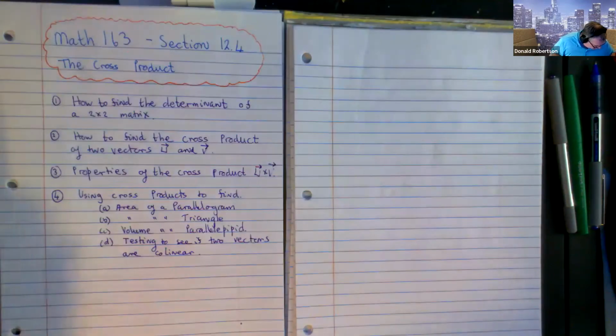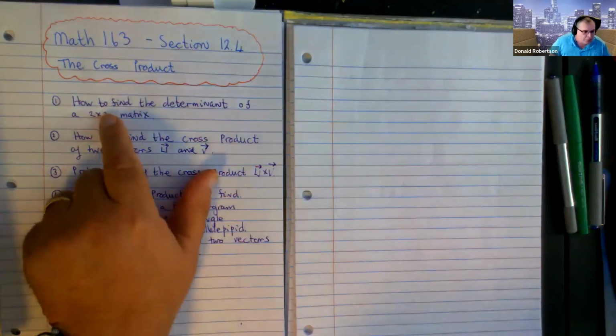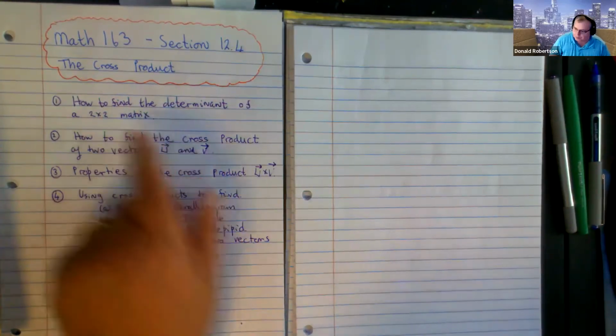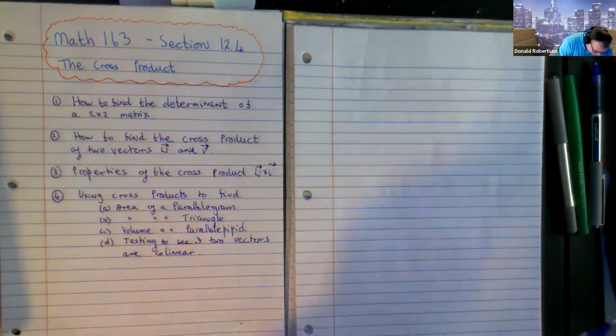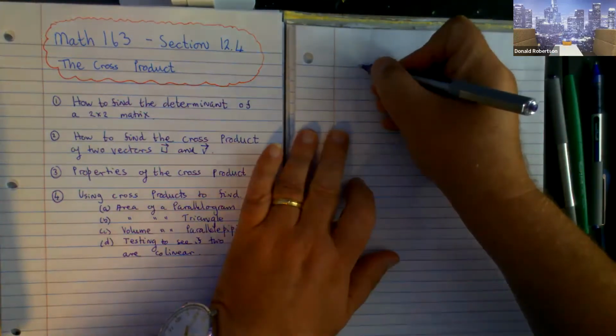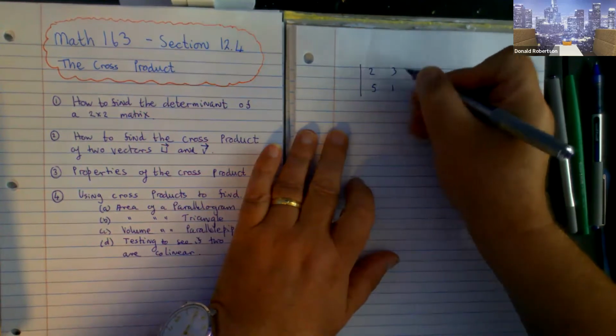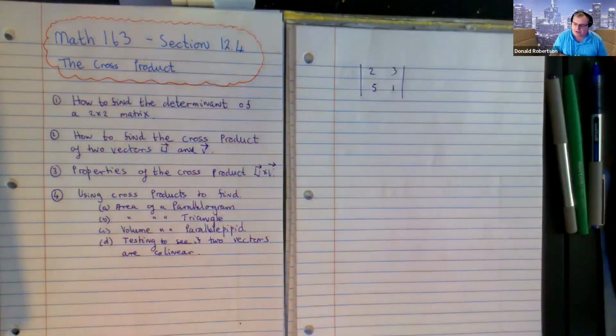In order to find the cross product, we're going to have to do a little skill building exercise. We're going to have to find what's called the determinant of a 2 by 2 matrix. If you've never seen a matrix before, there is a matrix. It's basically a table of numbers.